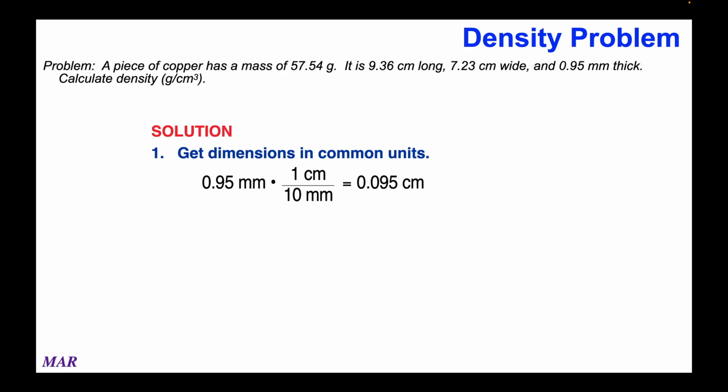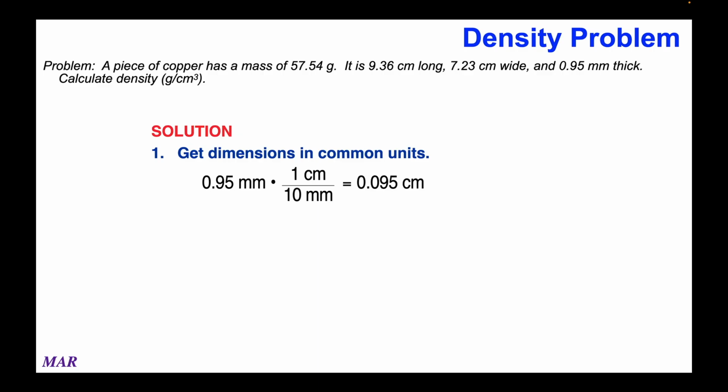Well, no problem. What we're going to do here, we're going to take the mass, the 57.54 grams, that'll be our numerator, and in the denominator, the bottom, we want the volume. And volume here will be centimeters times centimeters times centimeters, but one of our units right now is in millimeters. So the first thing we need to do is convert the millimeters into centimeters.